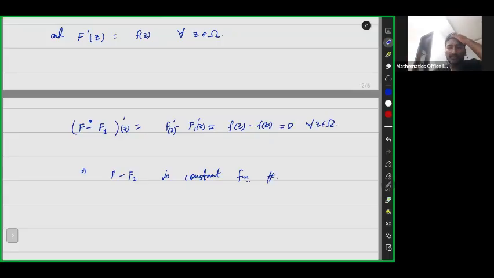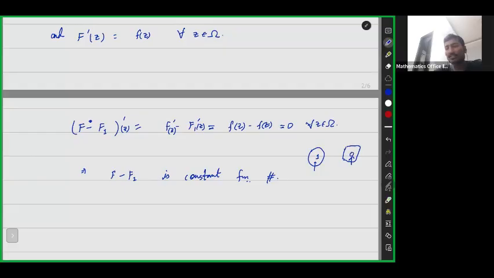Okay, so here we emphasize that we are actually using the fact that omega is connected. If omega was something non-connected, for example two disks or a disk and a rectangle, whatever, we can define a function here which is constantly equal to 1 and a function there which is constantly equal to 0.